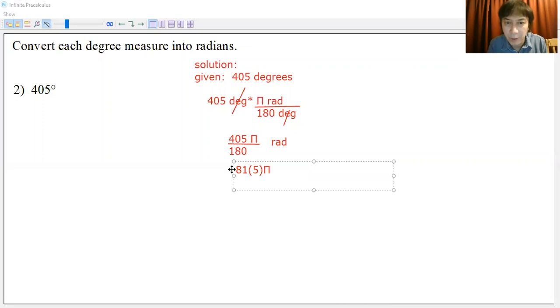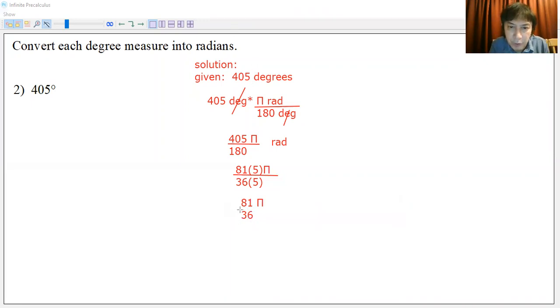And 180 is 36 times 5. We're getting the factors so we can make our numbers smaller. Now, the 5 and the other 5 cancel out. So the next will now be 81, the pi, and the 36 there.